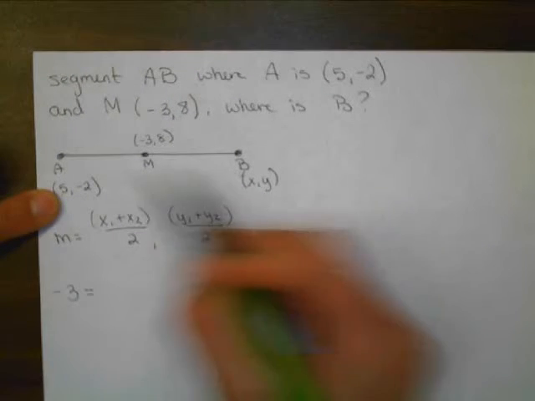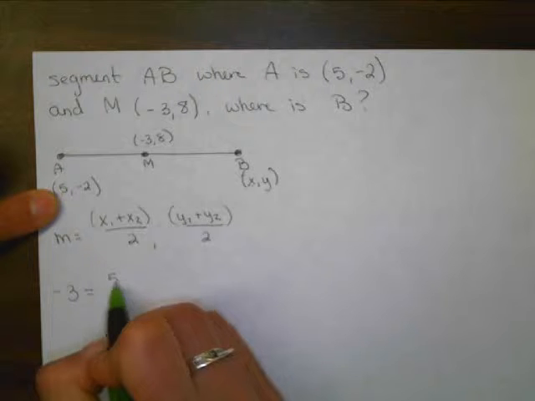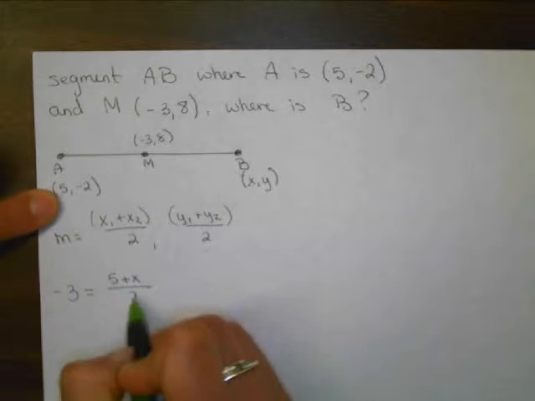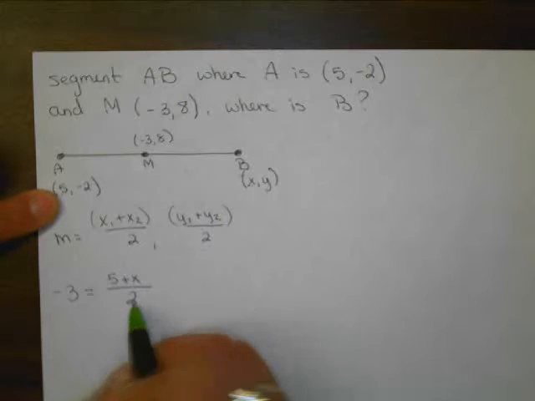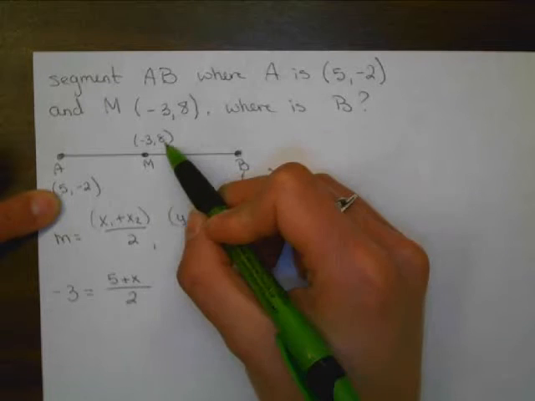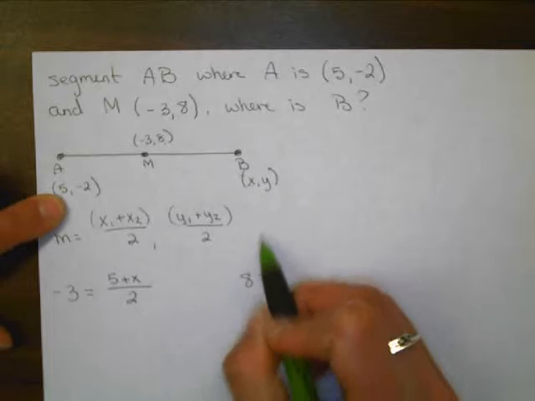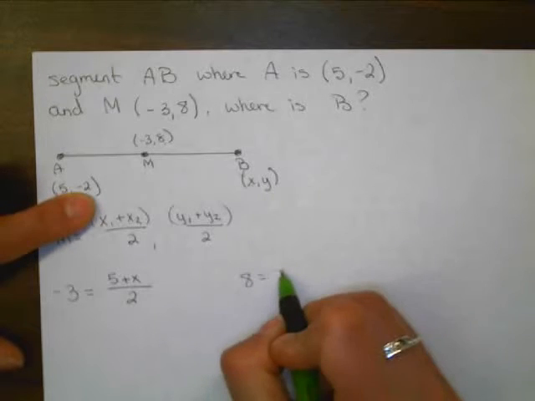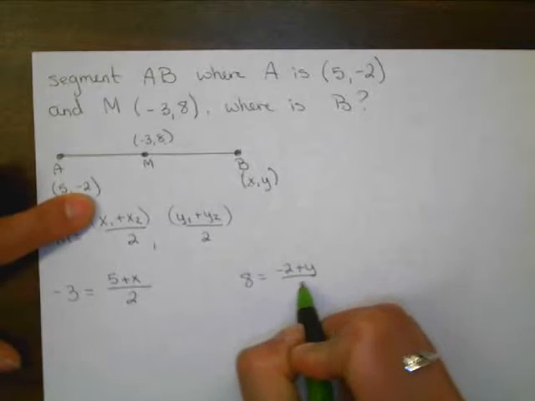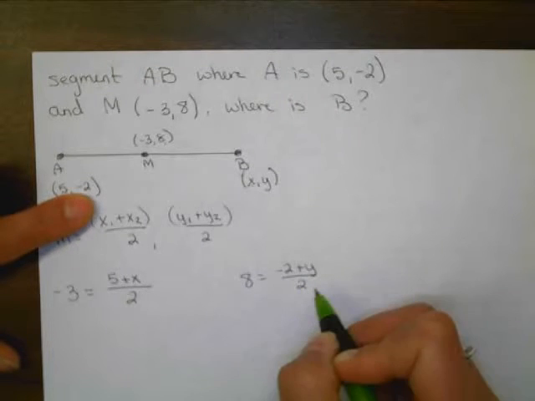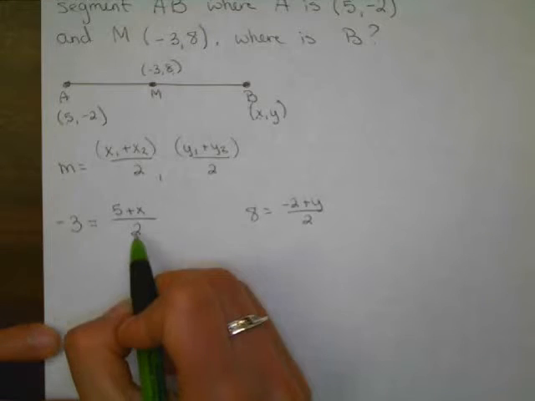So I would normally take 5 plus x from B, and you divide that by 2. And then the y value is 8 here for the midpoint, so 8 is going to equal the y values of A and B, which is -2 plus y over 2. And now we just solve for them.